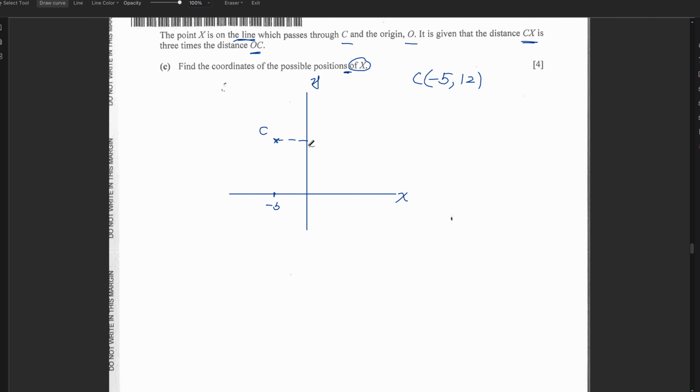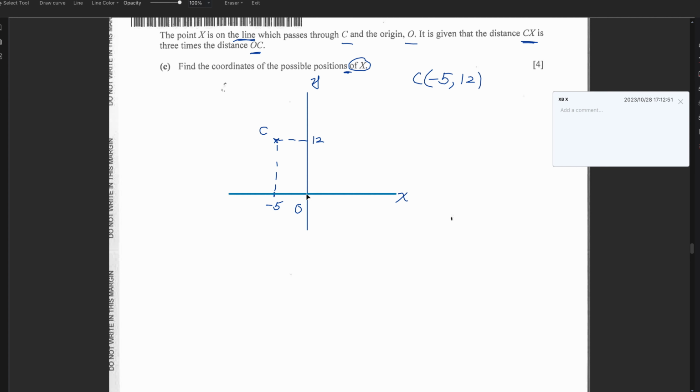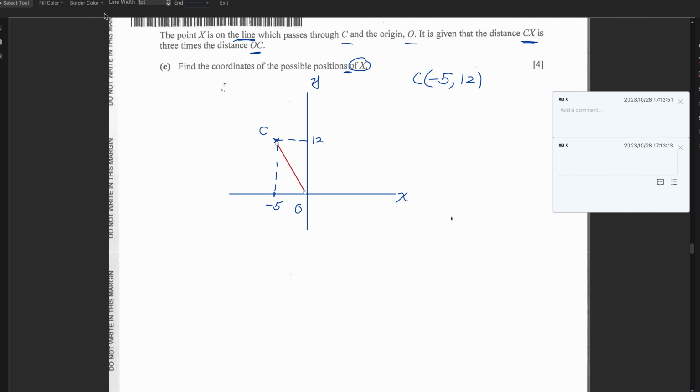Let's see, 12 and −5. So my origin is here. If I draw a line connecting these, then my X needs to be on the line OC.